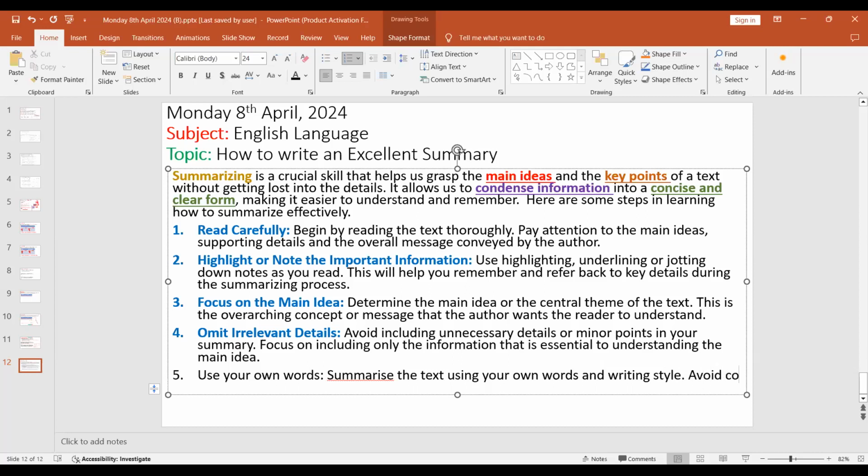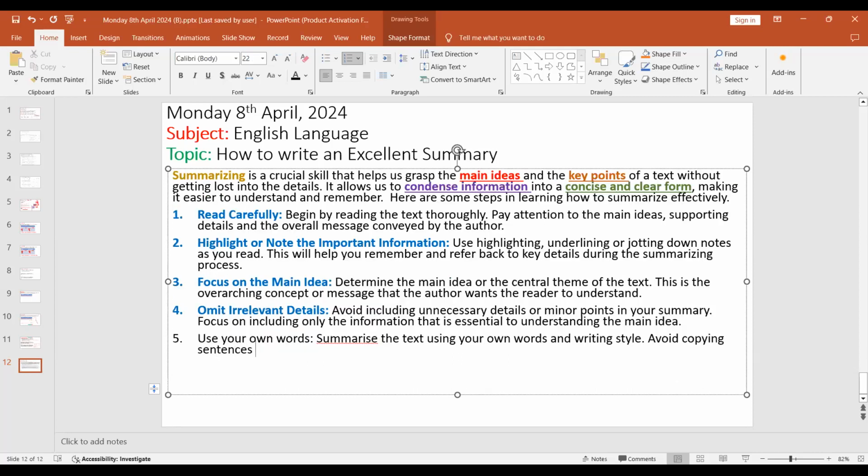Avoid copying sentences directly from the text, as this can lead to plagiarism and it does not demonstrate your understanding of the passage.